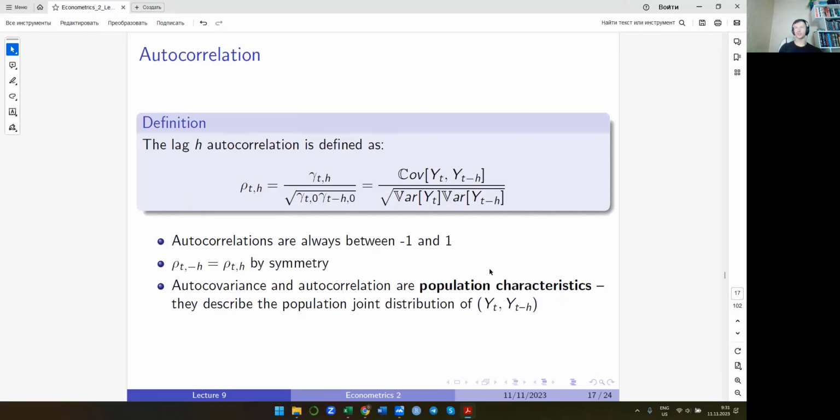Population characteristics are usually not known, right? When we work with a sample, with real observational data, the population characteristics of the underlying process are not known. So that's going to be our task: how to estimate these characteristics, together with the autocorrelation.